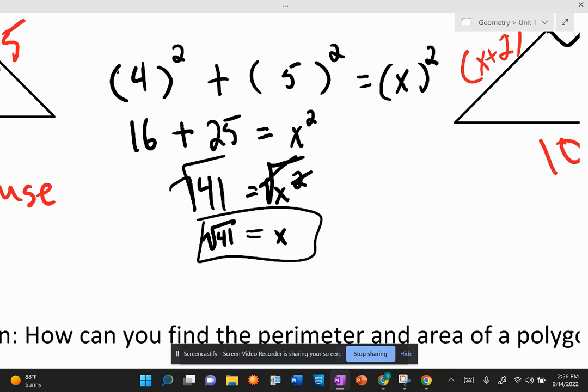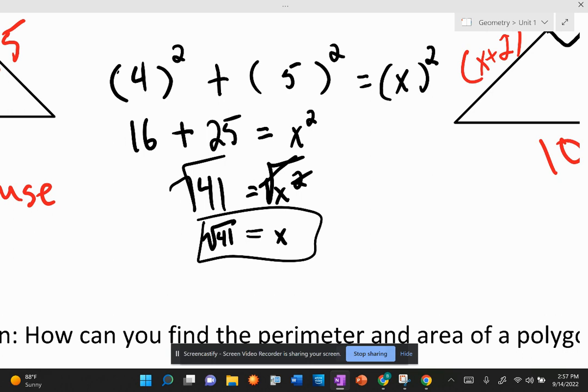Now, when you punch that into your calculator, the square root of 41 will be somewhere in between 6 and 7. My calculator is doing the thing where it always says square root of 41.